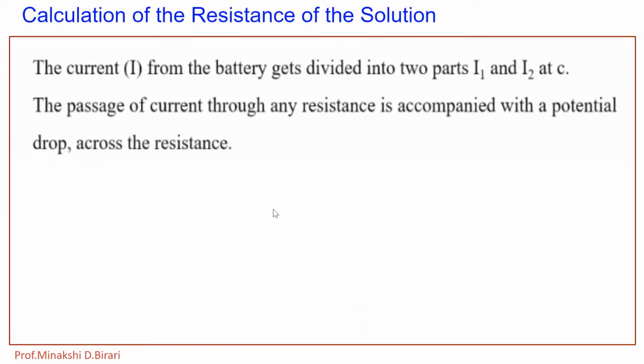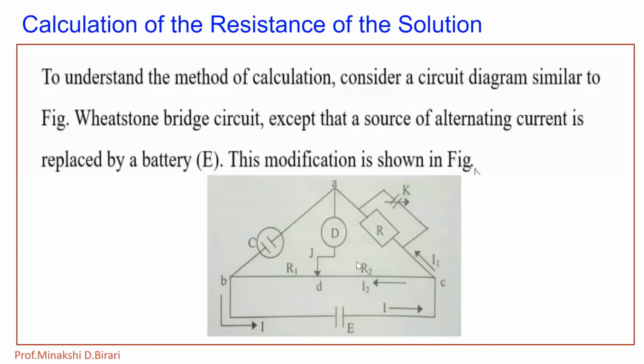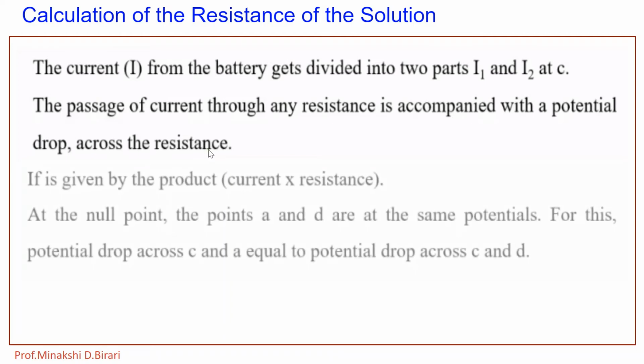Here the current I from the battery gets divided into two parts, I1 and I2 at C. The passage of current through any resistance is accompanied with a potential drop across the resistance, given by the product current x resistance.